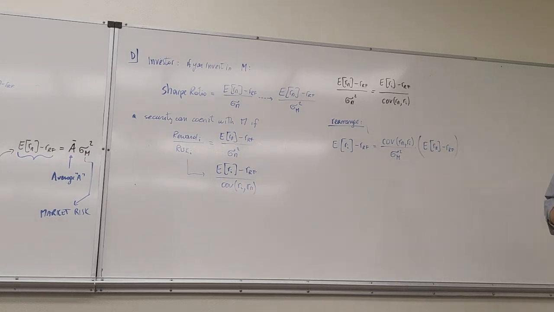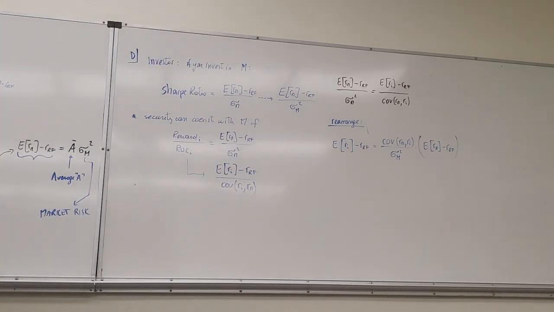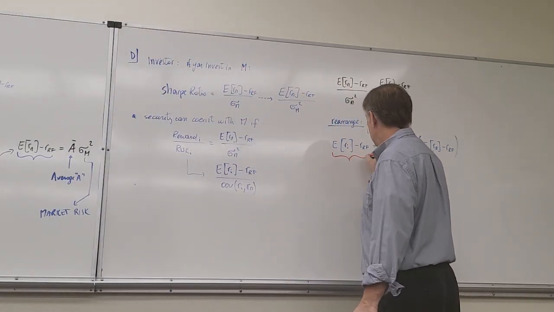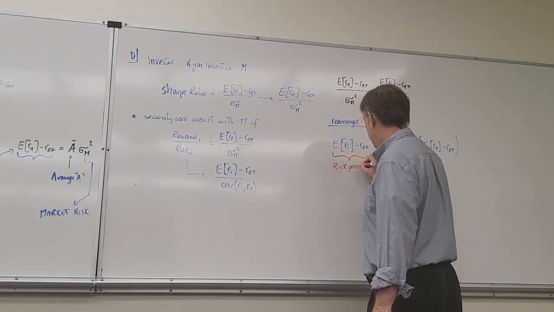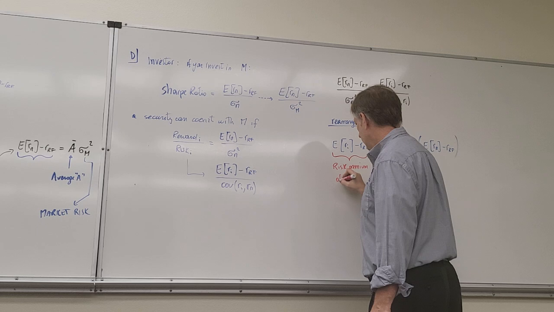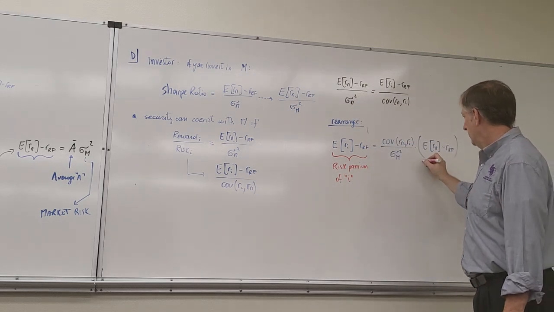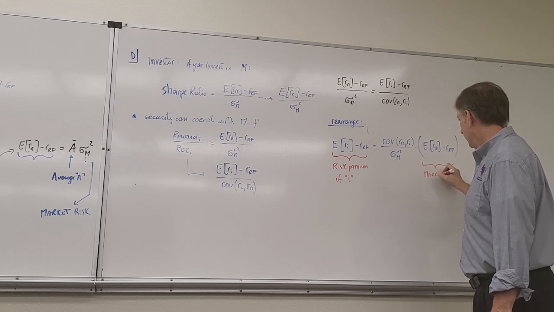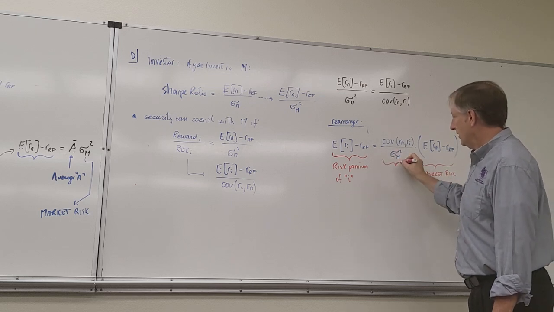So let's see what this means. The risk premium of a security is proportional to the market risk premium and this quantity right here.